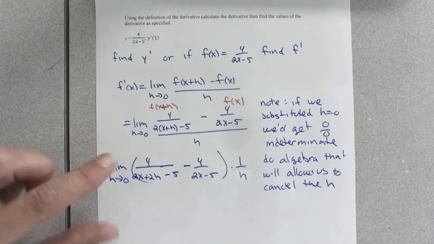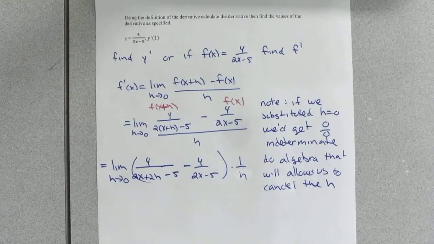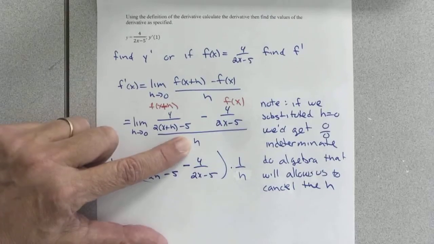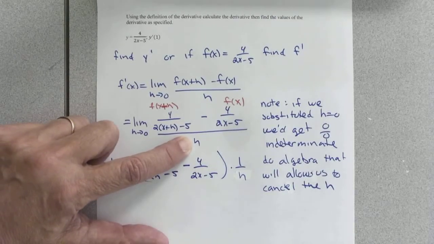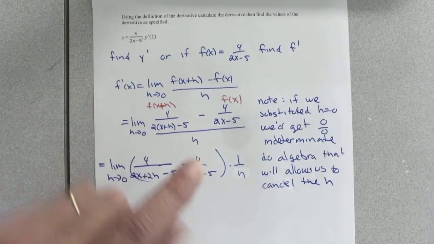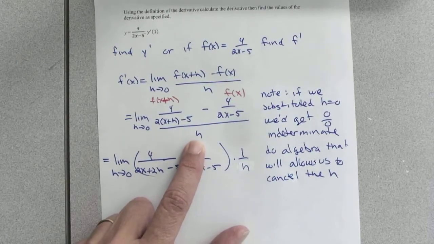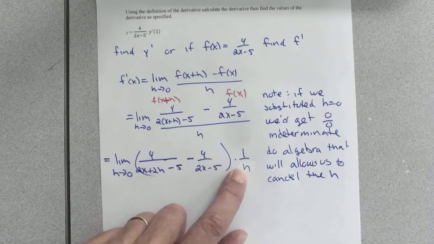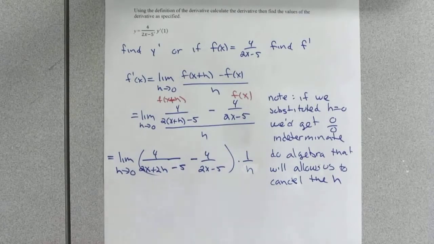Fractions are nothing but division. So every time I say over h, I'm being a bad mathematician. I should say divided by h. Dividing by h is the same thing as multiplying by the reciprocal. The reciprocal of h would be 1 over h. So you can always replace that divided by h with times 1 over h.